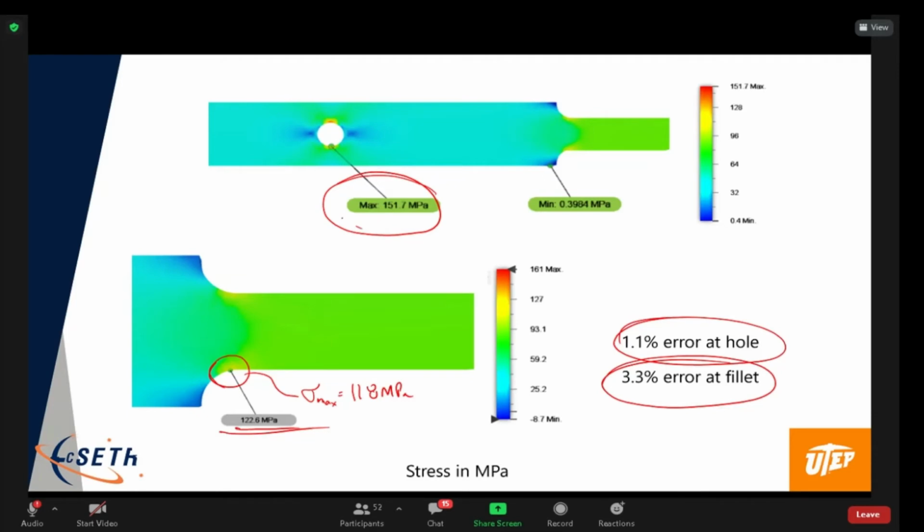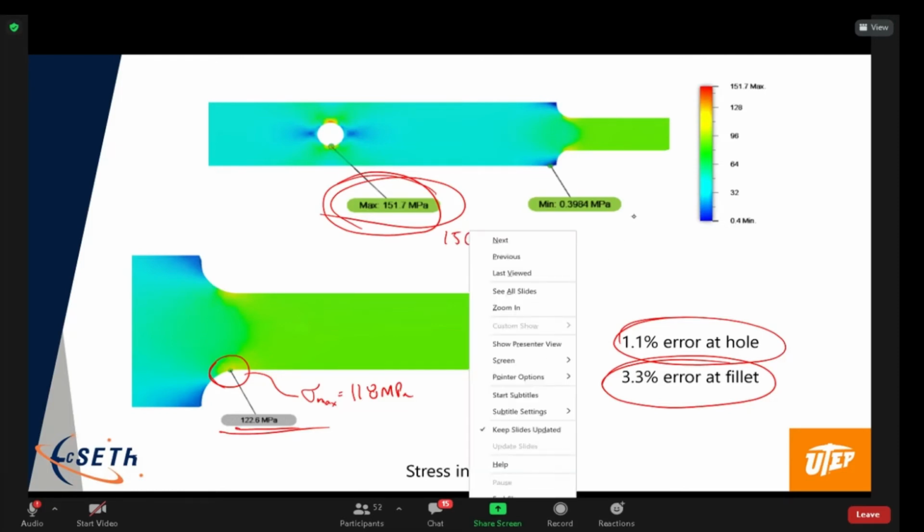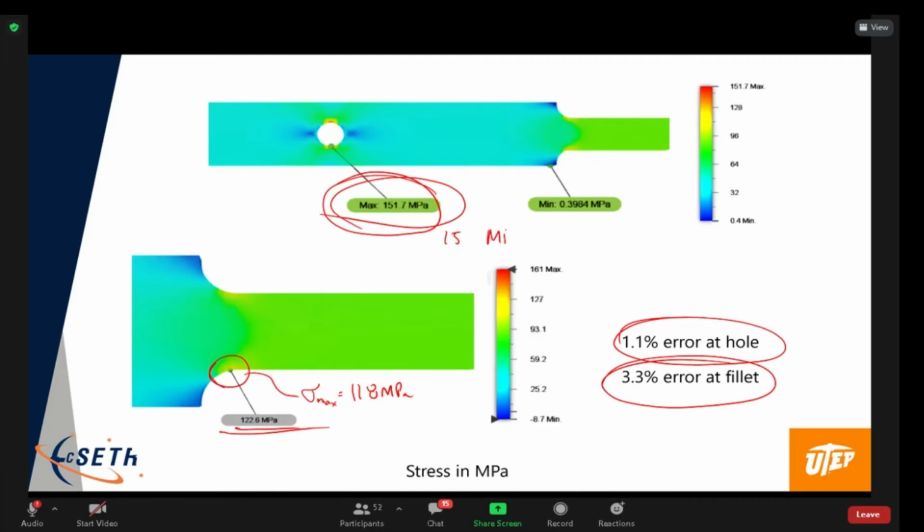For my hand calculation, the stress I get at the hole is 150 megapascals. What I get in my finite element simulation is 151.7 megapascals.